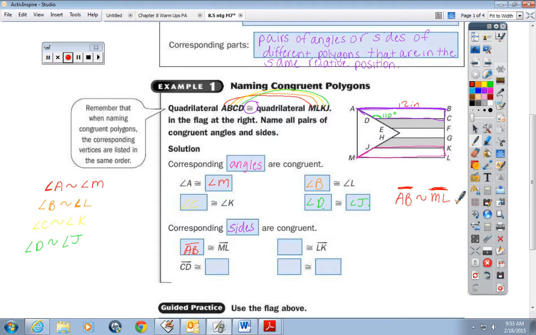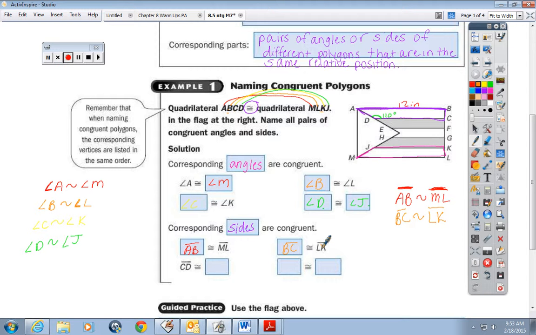Now the next two sides. I've got AB, now I would go to BC. So I would say side BC corresponds, and then I would look at the next two letters here, which are LK. So side BC corresponds to side LK, which means if I knew the measure of one of these, I would automatically know the measure of the other one because they're congruent.